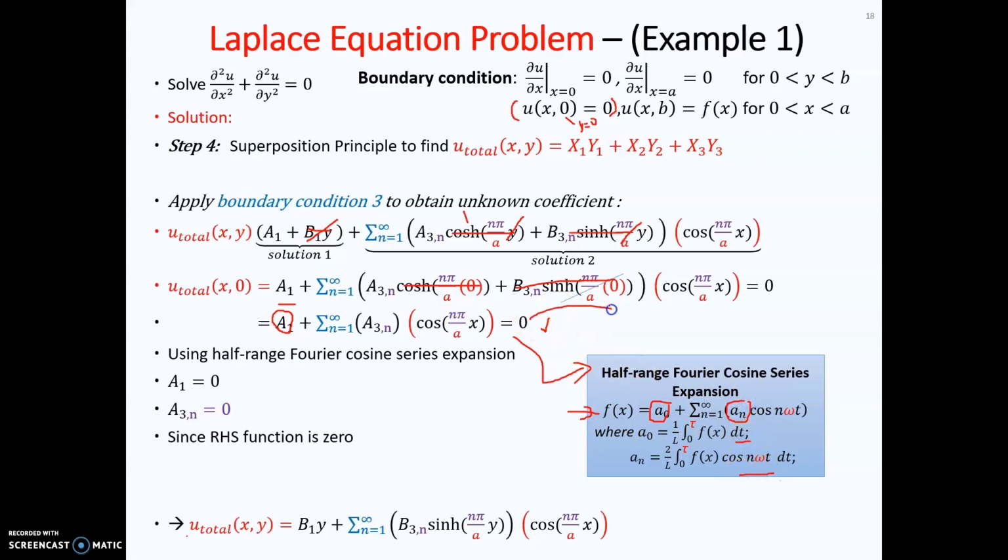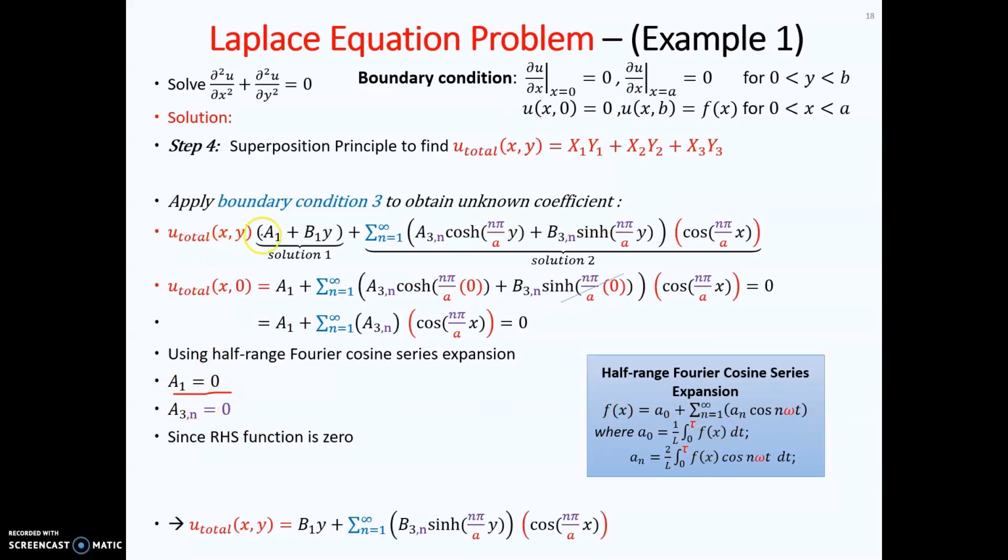In this case, you should recognize on your right hand side here, 0 is your f(x). So substitute f(x) equal to 0 inside. You integrate 0, you obtain 0. So this one is also the same, you integrate the 0, you obtain 0 as well. So in this case, we obtain the coefficients a1 and a3n here. After you compute using these two formulas, you obtain 0.